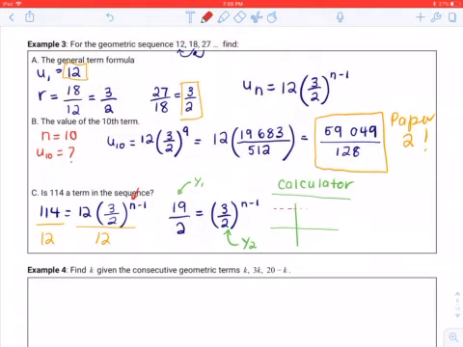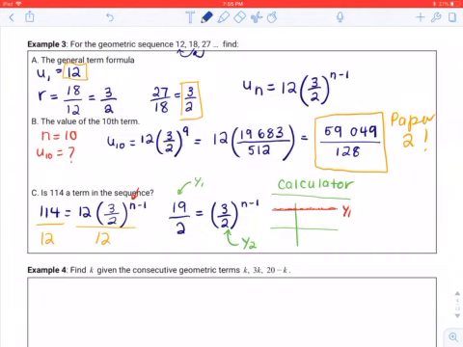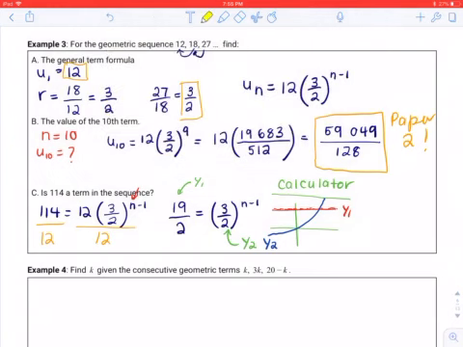Here's 19 over 2. So there's y1, went straight across your screen. And then y2, 3 over 2 to the power of x minus 1, is going to come in like this. It's going to be an exponential function. And what you're looking for there is when they're equal to each other.